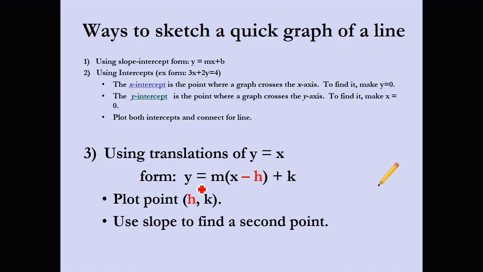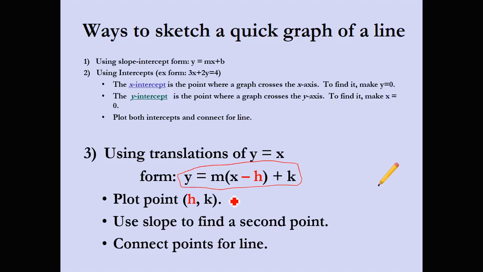So notice there's a general formula right here that you need to write down. You need to understand that within this formula, there's a random point. We're going to pull out a point on the line, and we can still find the slope to find that second point, and we can just connect the points to draw the line.